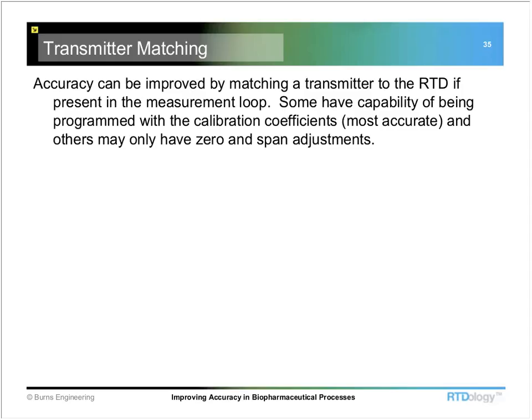What I can do is talk about how we can take a temperature sensor and a transmitter and match those together, whether the transmitter has the capability of having temperature coefficients and the R0 numbers plugged into it, or if it's an analog transmitter where you just have zero and span adjustments.